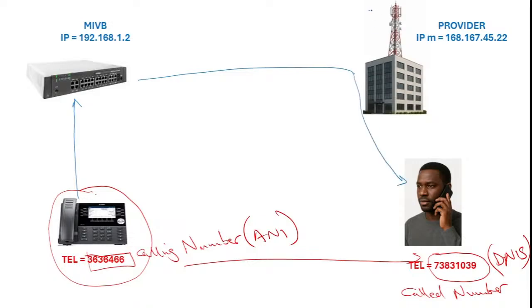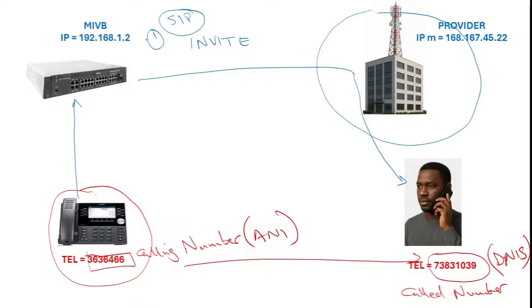We are going to ignore the leg where the provider sends the invites through to the called number outside. So this is going to send an invite, a SIP invite. So the call is comprised of two things. Number one, a SIP leg, which comprises an invite, and number two, an RTP leg, which carries the audio.